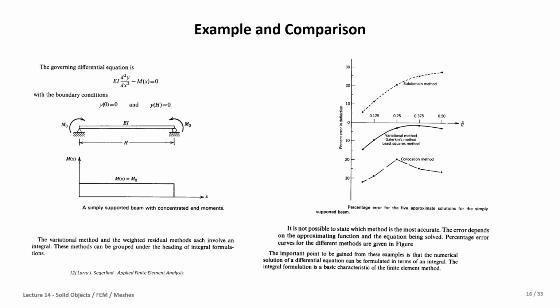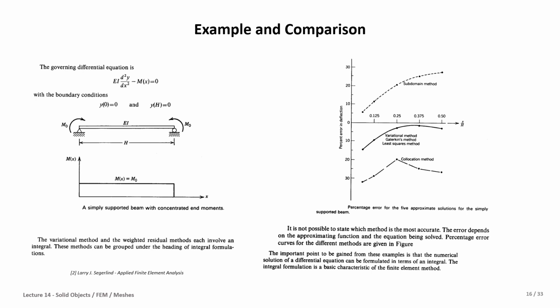Of course, when it's close to zero, that means the error is lower. You see the variational method, Galerkin method, and least square method have better results than the collocation method and subdomain method. However, it depends on the location in the solution. These are the errors for the 5 approximate solutions we talked about before, and we can understand which one has less error.